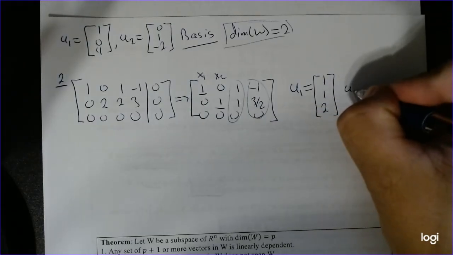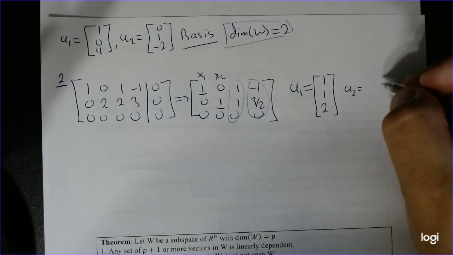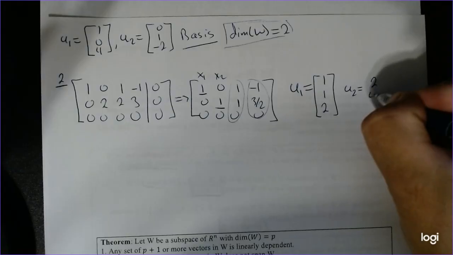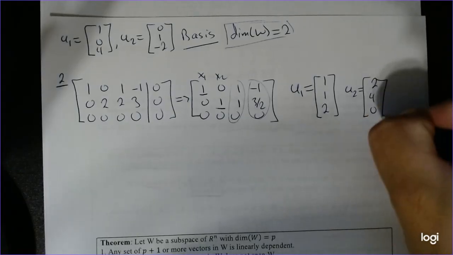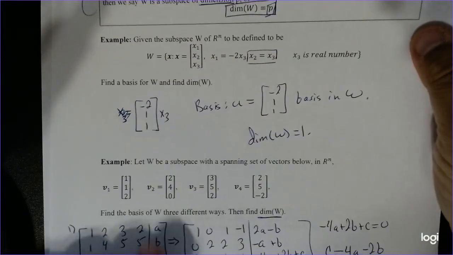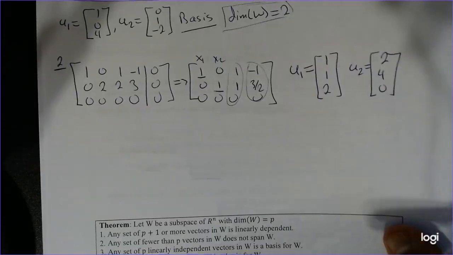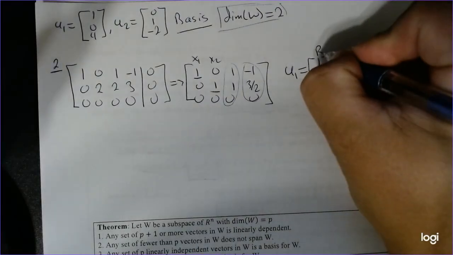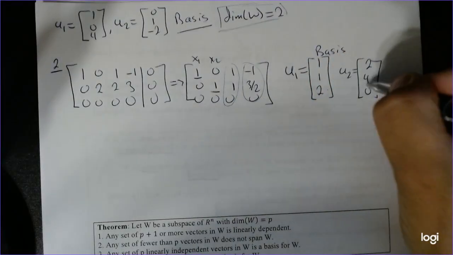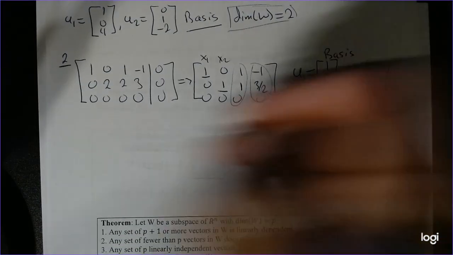And our u2 would be our second vector, which I believe is 2, 4, 0. Yep, there we go. So this is our basis. But again, dimension 2. Okay.